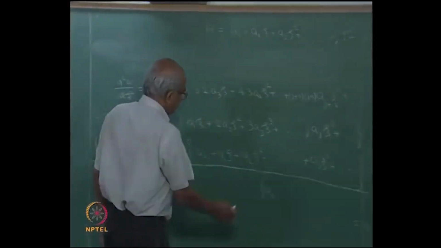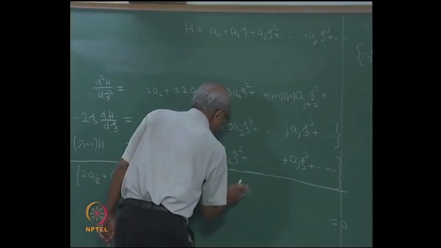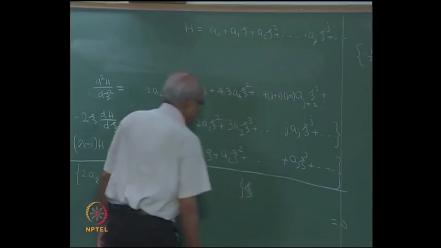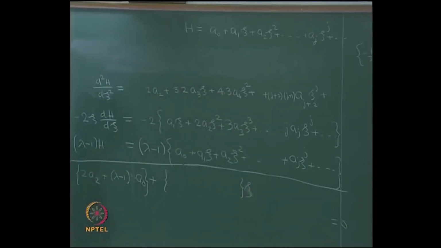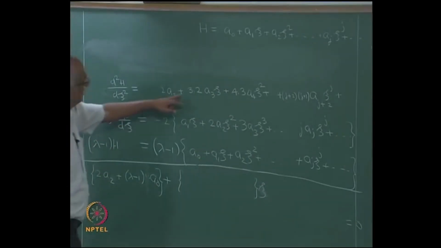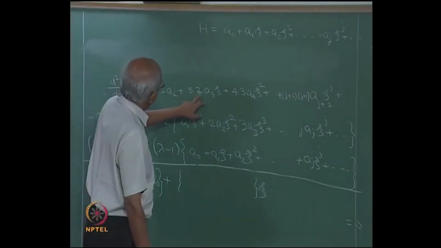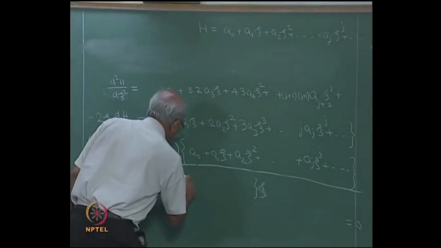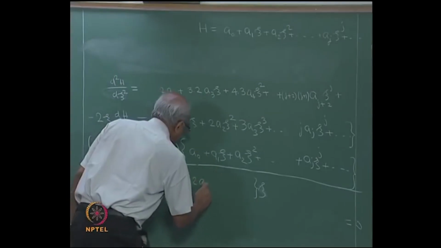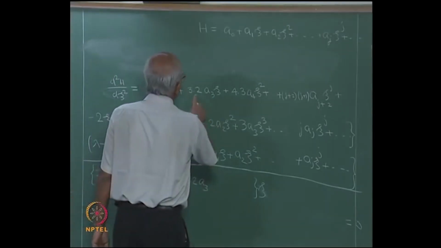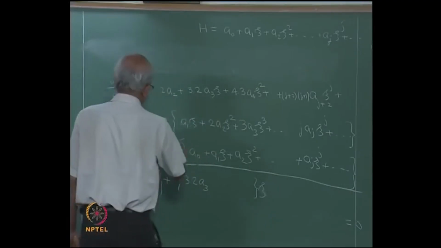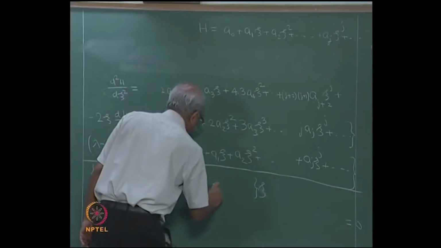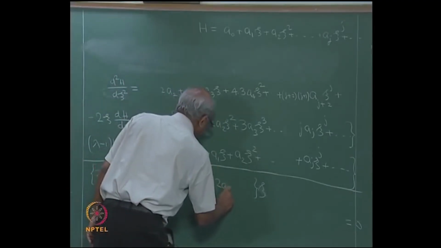Then the term that depends upon c, what is that term? Linear in c. Well, here you will see that it is 3 into 2 a3, and here it is actually minus 2 a1.